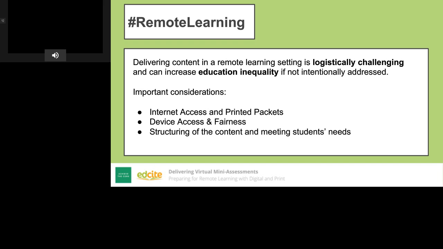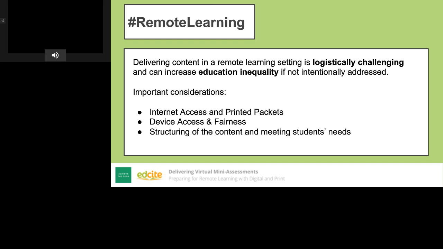So we want to talk specifically about how this can sometimes be logistically challenging and the impact it can have on education inequality if not intentionally addressed. And when we dive into both of those areas, we're thinking about access to digital materials versus printed materials. We're looking at not just do students have a device, but are we using equal devices?